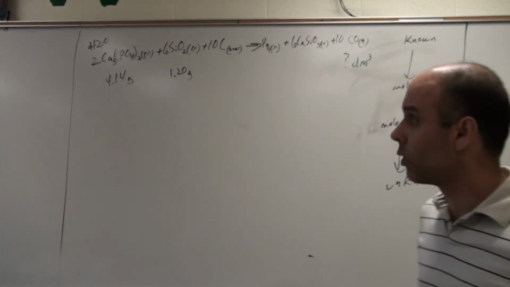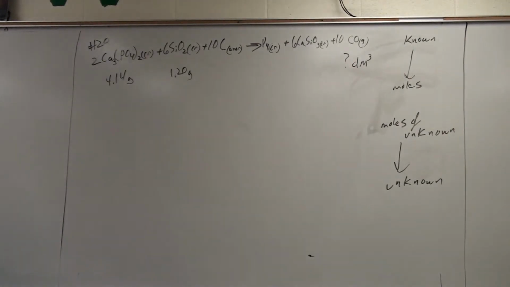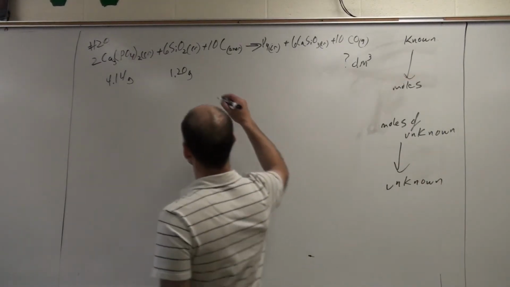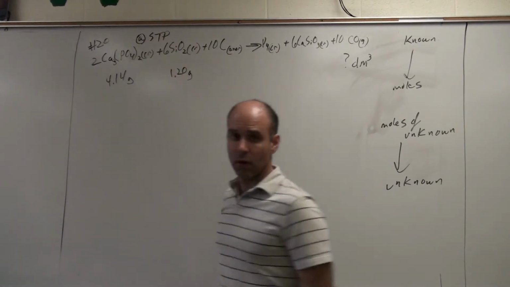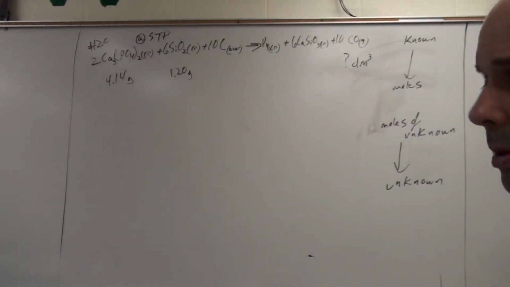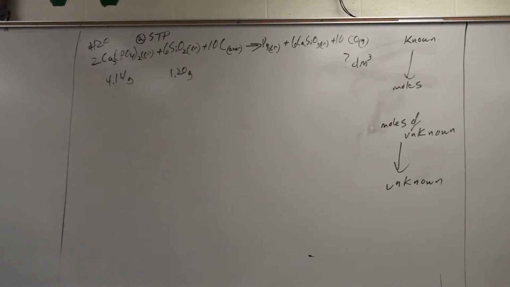Number 20, you are asked to calculate the volume of carbon monoxide. It is a limiting reagent problem. We are at STP. All these problems follow the same pattern. Get it into moles.